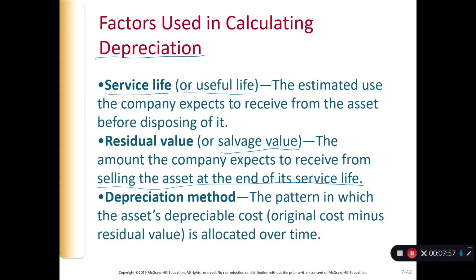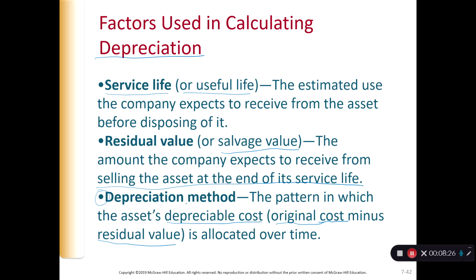depreciation expenses. And the third most important thing is how we consider the asset to be depreciated. In other words, the pattern in which the asset's depreciable cost is allocated over time. The depreciable cost is the cost we originally determined minus the residual value.